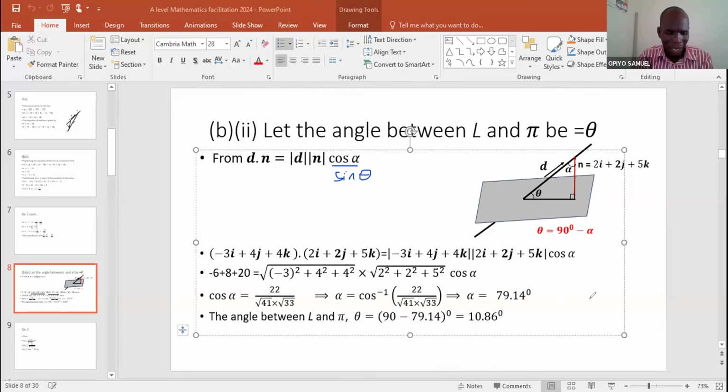Okay, because sometimes there can be computational errors, but let me confirm what you have said. So we have 22 divided by square root of 41, then again square root of 33.